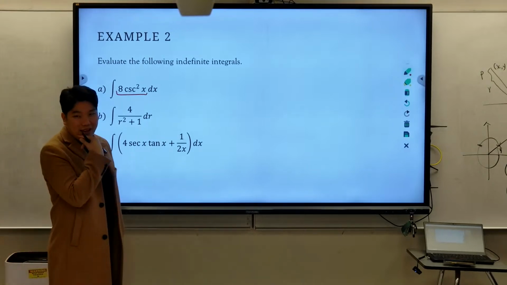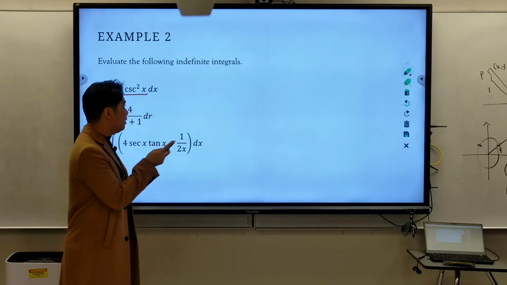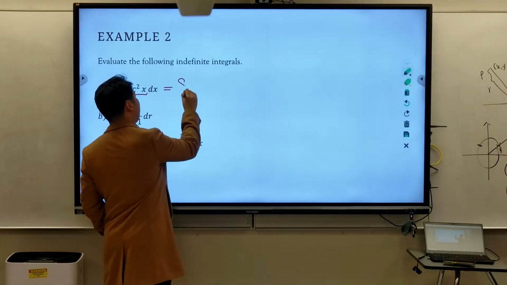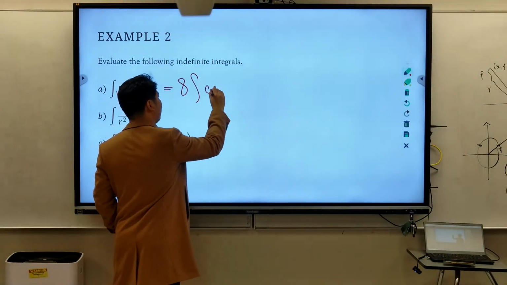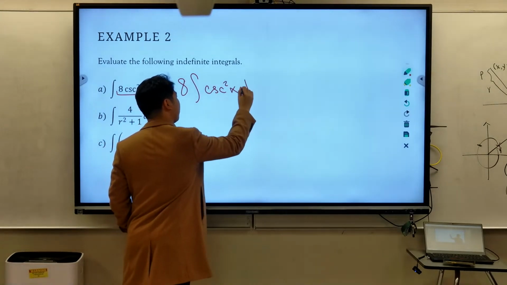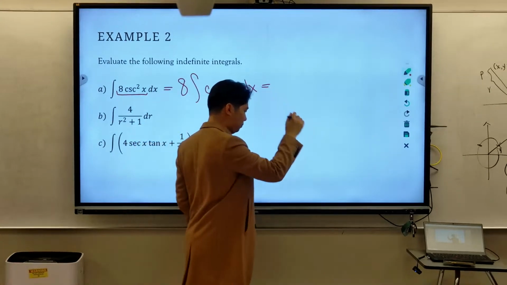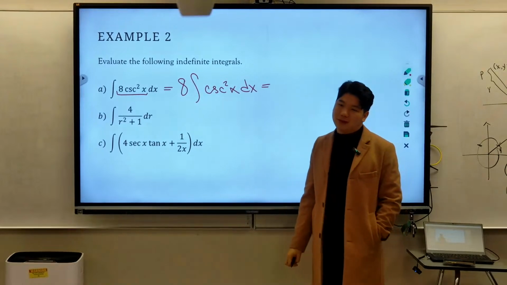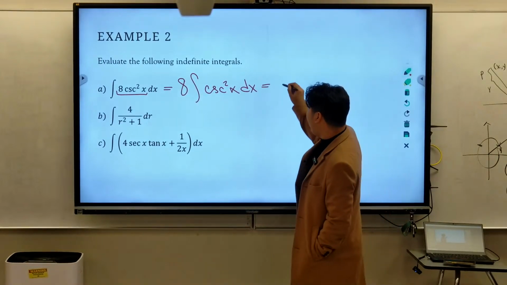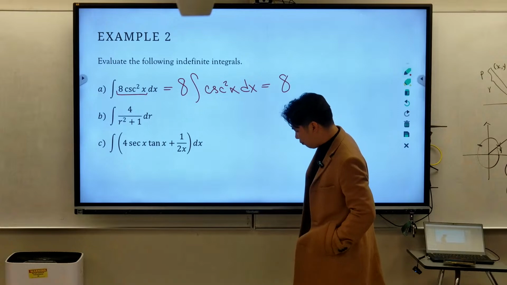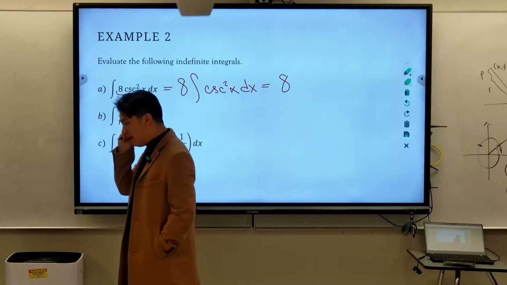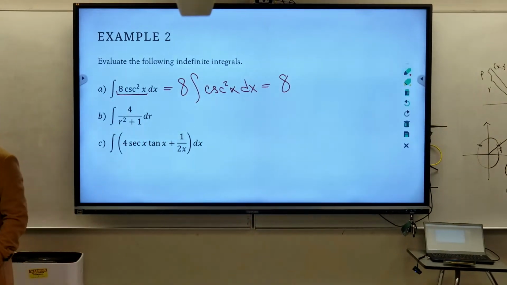So the 8 I can carry along for the process. This is just for notes. Usually I wouldn't write it this way, but I could factor out the 8 from the front. And then 8 is already there. So do I know about a function where if I take the derivative, I get cosecant squared of x?